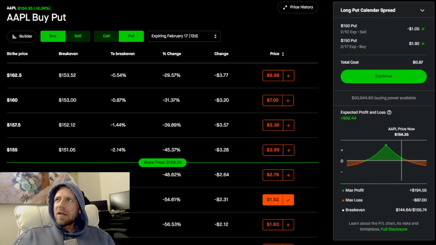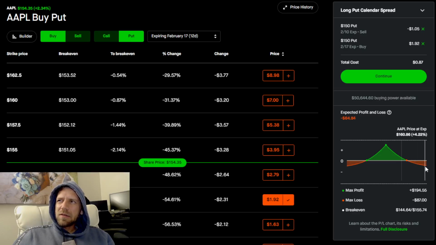Let's take a look at it. So I need $87 to put this on. All right. I'm going to have a maximum profit of 194. It's even higher. Okay. However, look at this. If Apple goes over 155, which is the current price, by Friday, I'm not getting any money.